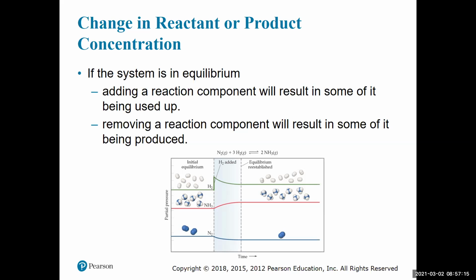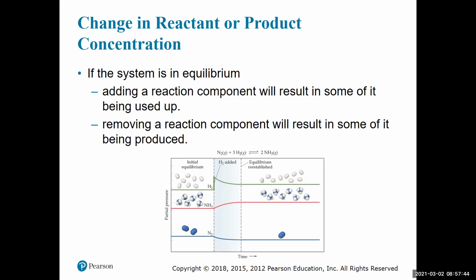You add some more reactants. Well, what's going to happen? Think of it as you've got too much on the reactant side, so you're going to form more products to get that balance back. If you add more products to it, you increase that concentration, well, then that side of the reaction is out of whack. And so it's going to go back the other way and more reactants are then going to form.